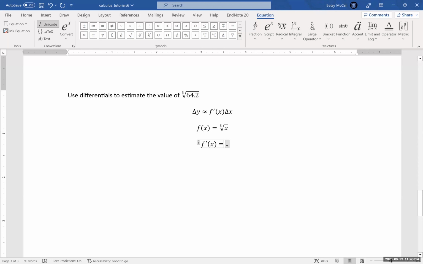Let's see, so this is x to the 1/3 power, so that'll be 1/3 x to the negative 2/3 power, because 1/3 minus 3/3 is going to be negative 2/3.